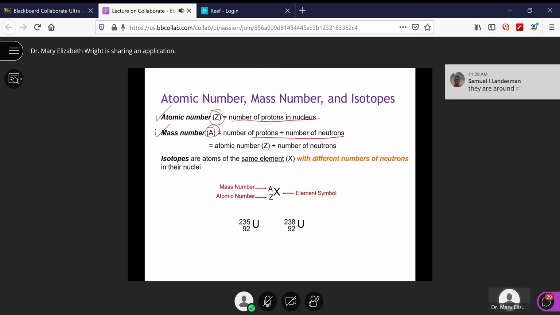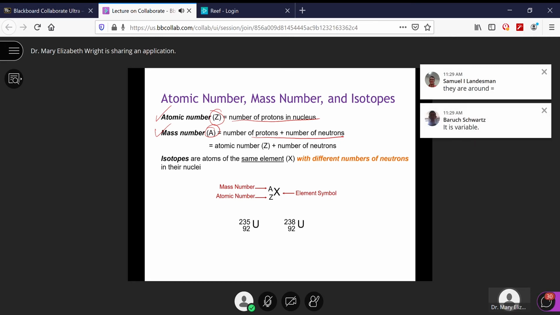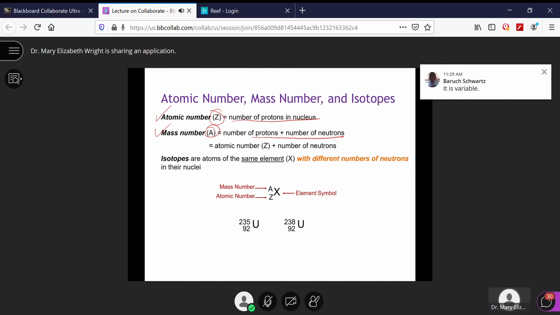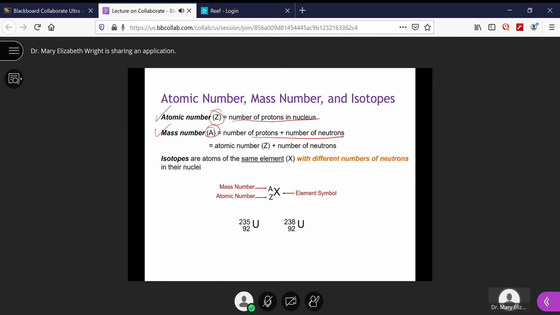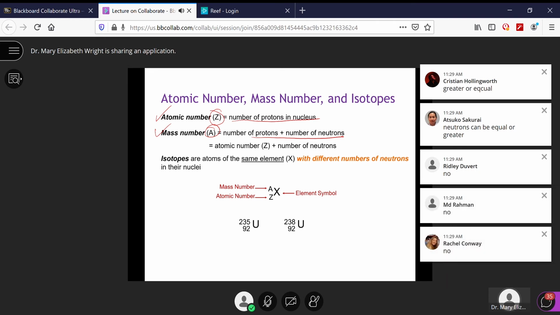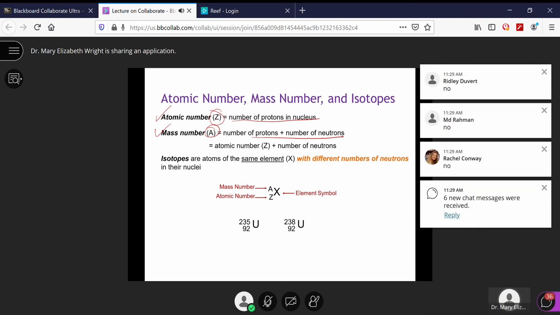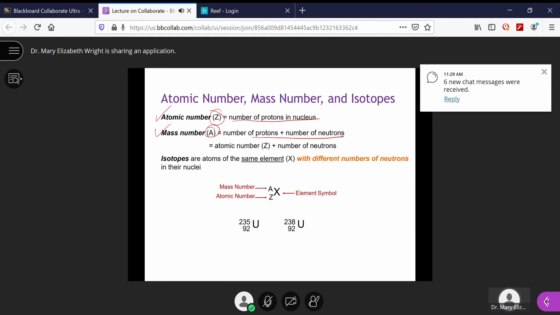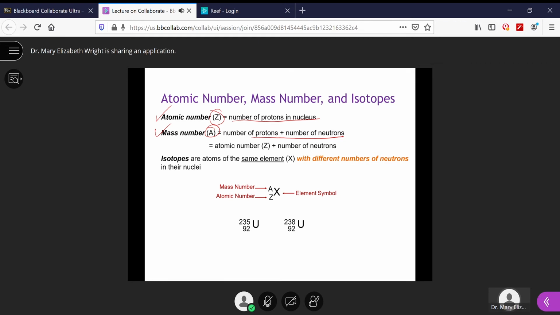Can we say neutrons are equivalent to the number of protons? It is variable. Is the number of neutrons ever less than the number of protons? Equal or greater? There we go. Equal or greater. Okay. So the mass number by definition is always going to be equal to the atomic number Z, because that is the number of protons, plus the number of neutrons, and this can vary.